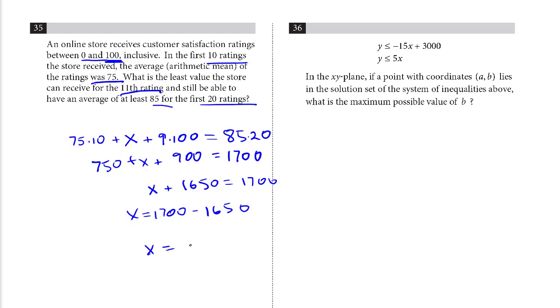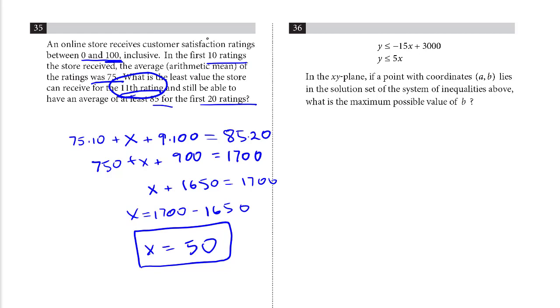X equals 50. The least value for that 11th rating, such that we could possibly still get an average of 85 in all 20 ratings, is X equals 50. We'd have to follow that with 9 perfect ratings, of course, but that is the least value.